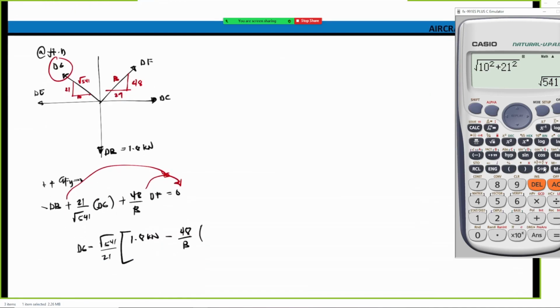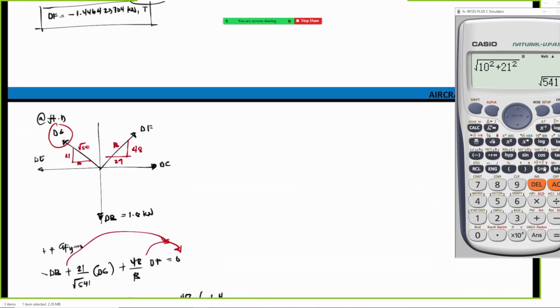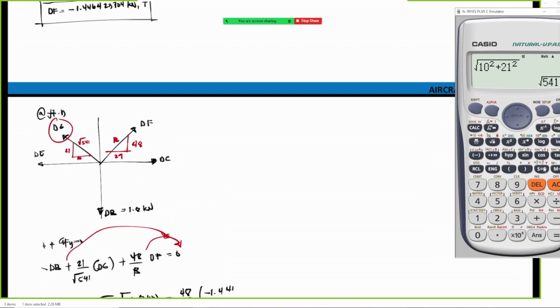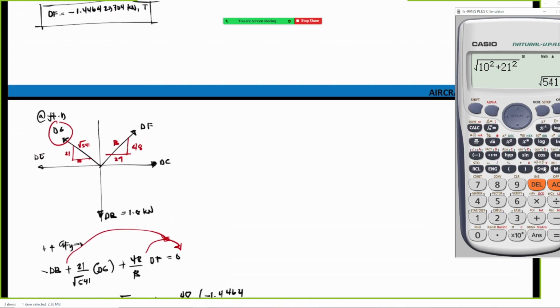So that is negative 1.446423704 kilonewton. Okay?